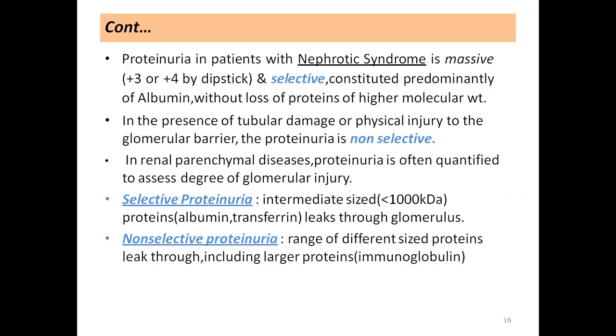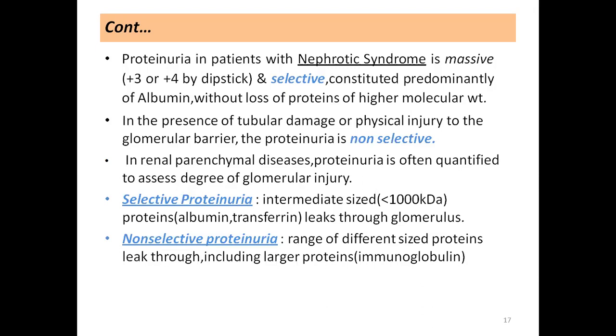Proteinuria in a patient with nephrotic syndrome, one of the diseases associated with the kidney, is massive, ranging between plus 3 and plus 4 by dipstick, and selective, constituted predominantly of albumin without loss of protein of high molecular weight. In presence of tubular damage or physical injury to the glomerular barrier, the proteinuria is non-selective. That is, you won't see a selection of low weight and high weight; all types of protein would be seen.